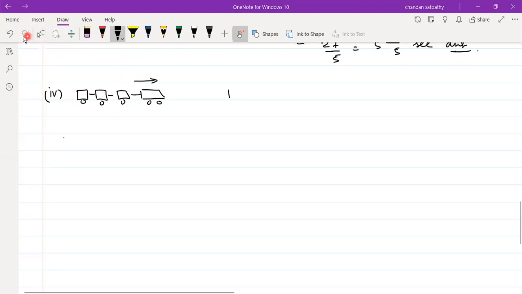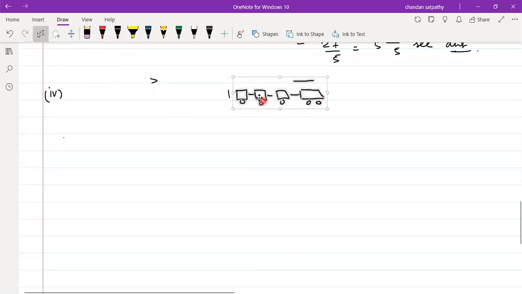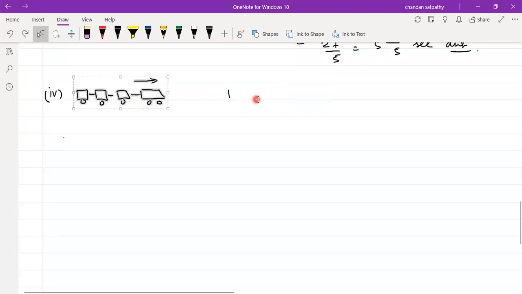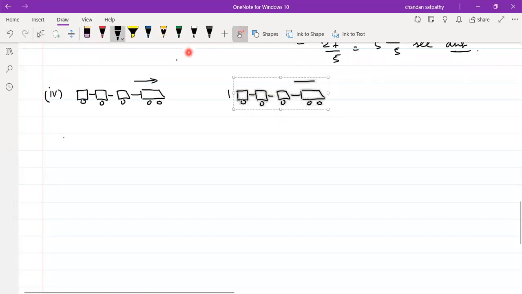So both the trains are going in the same direction. So what will happen after some time? This train will overtake this train, yes or no?